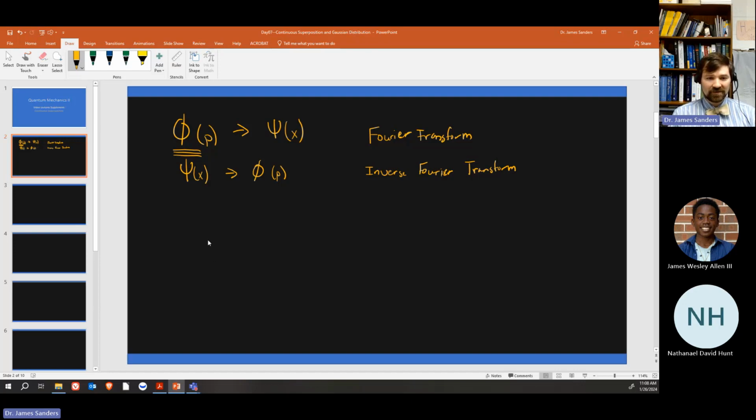Now, as a reminder, the Gaussian distribution looks like this for some generic variable. We'll call it squiggle, everybody's favorite.